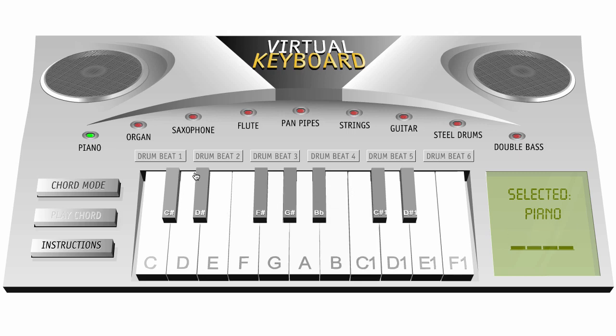It doesn't matter where you are on the keyboard. A half step up from D sharp is going to be E. Same thing with D. And you can also make half steps down.